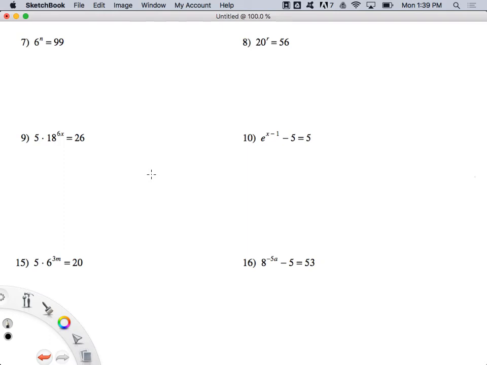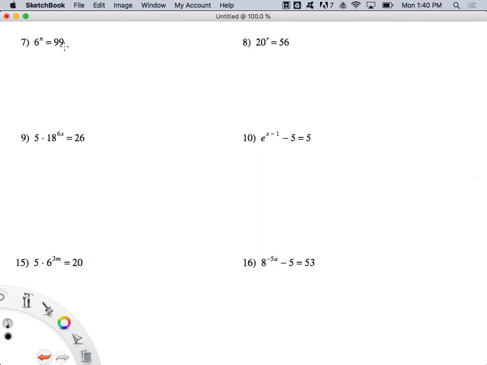You just solved logarithmic equations. Now we're going to solve exponential equations. In this case, we have an exponent.